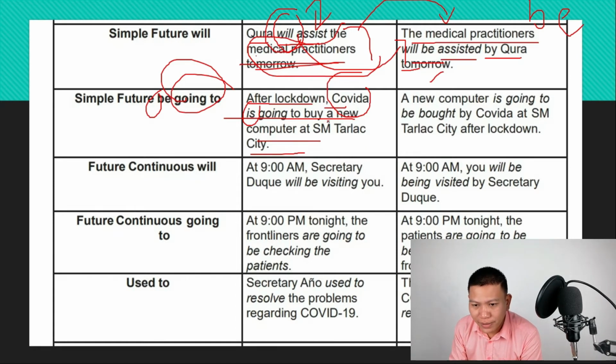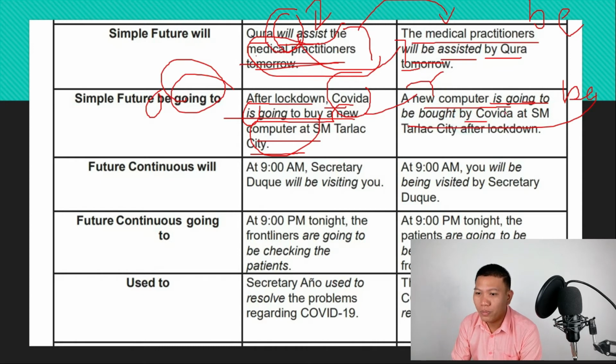So when we convert it, a new computer. So a new computer, and then we use is going to. We will just add be again. Be plus past participle. A new computer is going to be bought by whom? Covida where? At SM Tarlac City. When? After lockdown.